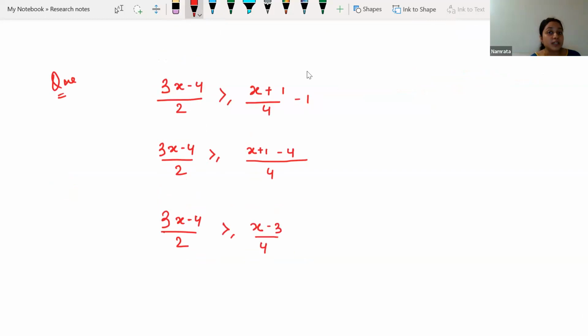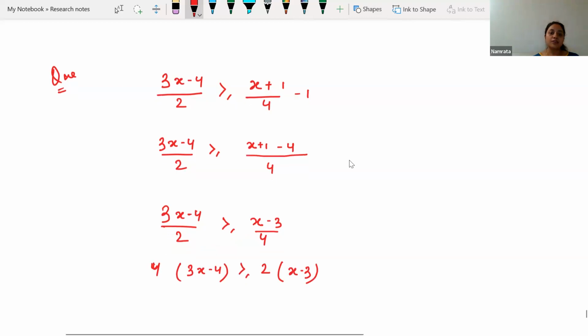While doing the multiplication, we have to see whether we are multiplying by a negative number or a positive number. Of course, a positive number will get multiplied over here, so no need to worry about the sign. Okay, let's multiply as it is. We will be having 4 multiplied with 3x minus 4 greater or equal to 2 multiplied with x minus 3.